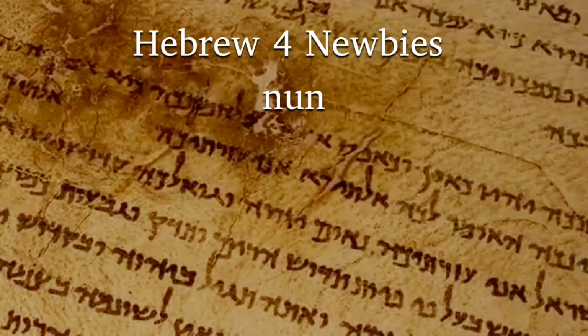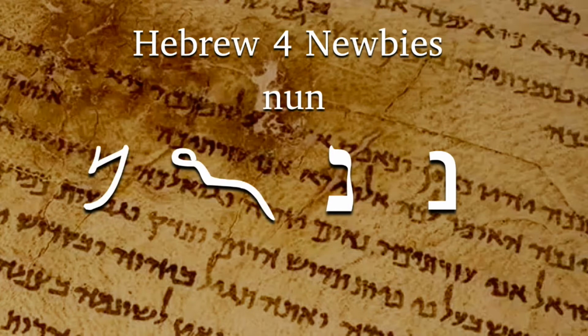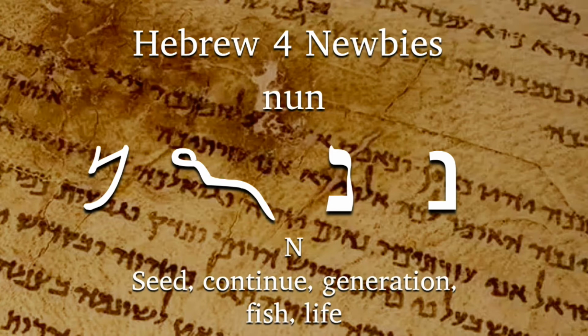All right. Letter Nun is just like a little bracket. So in the pictograph, well, let's make the N sound. And no, it's not a nun, it's a noon. In pictographs, people say it's like a seed, or to continue, or generation.